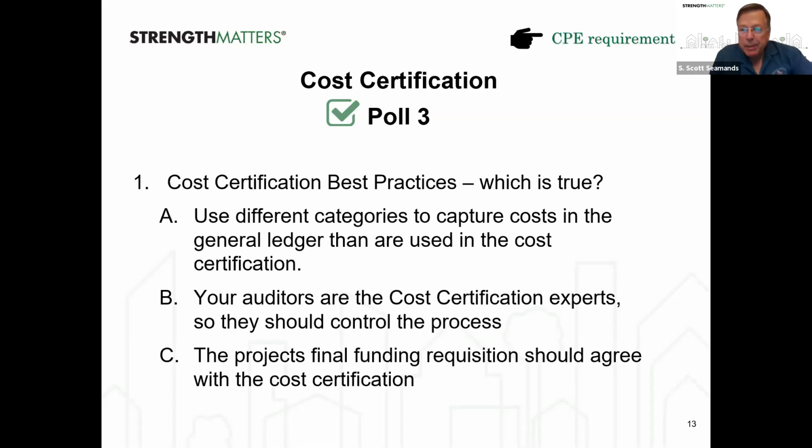Gail, one thing I'll mention while we're waiting for the poll results to come in is I've had experiences of doing cost certs on acquisition rehab deals, and the client may give you the development cost summary from the development department's records, and you do your cost cert based on that. And then it turns out that operations also had some repairs and maintenance costs that were somehow omitted from the development.